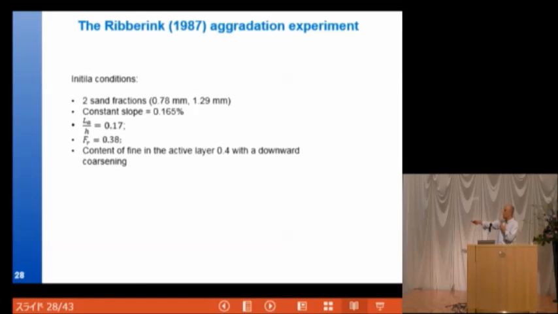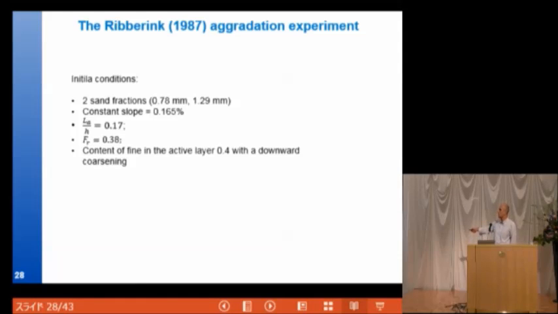Now I'm going to show you some results obtained with a code developed by Guglielmo Stecca, who is here in the audience. These are experiments put forward by Ribberink in 1987.